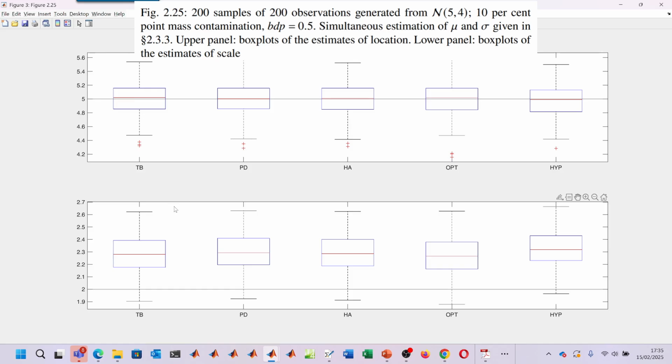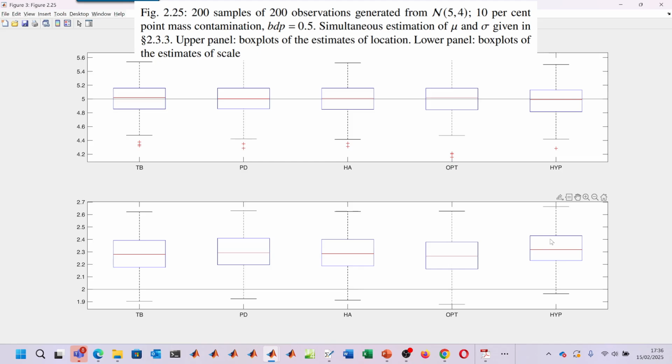The story is very different in the lower panel for the estimates of scale. They are all biased, and there isn't really very much difference between the estimators, except perhaps for the hyperbolic, which is slightly more biased than the rest. In this case, we have considered a 10% point mass contamination. On the other hand, the value of the breakdown point which was used is 0.5.